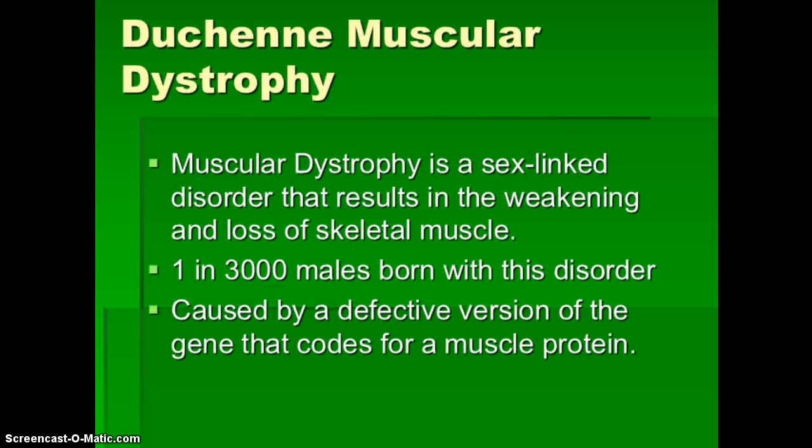We also have Duchenne muscular dystrophy, another sex-linked disorder that results in the progressive weakening and loss of skeletal muscle. 1 in 3,000 males are born with this specific disorder, and it's caused by a defective version of the gene that codes for the muscle protein.